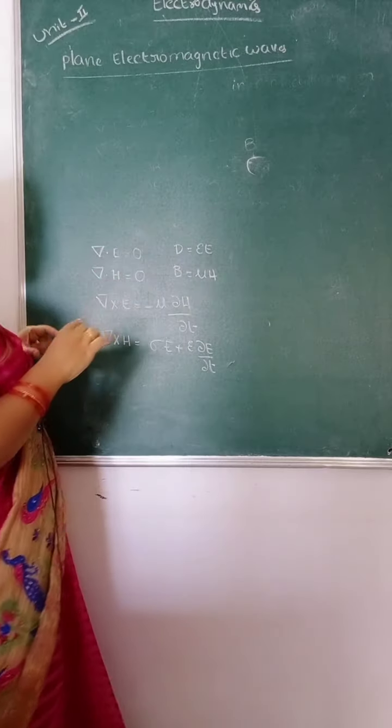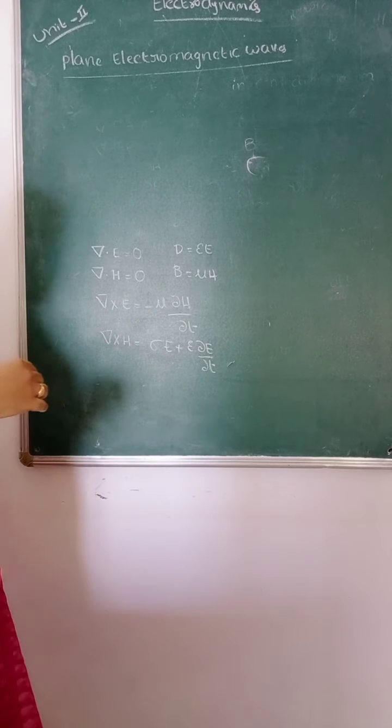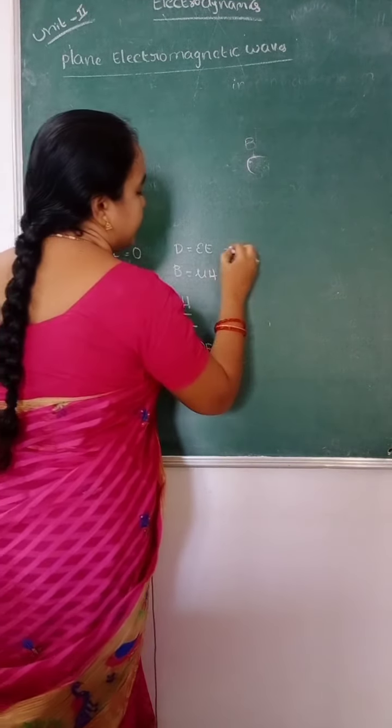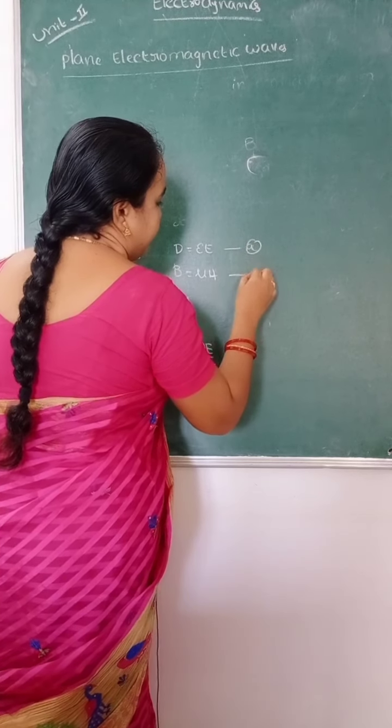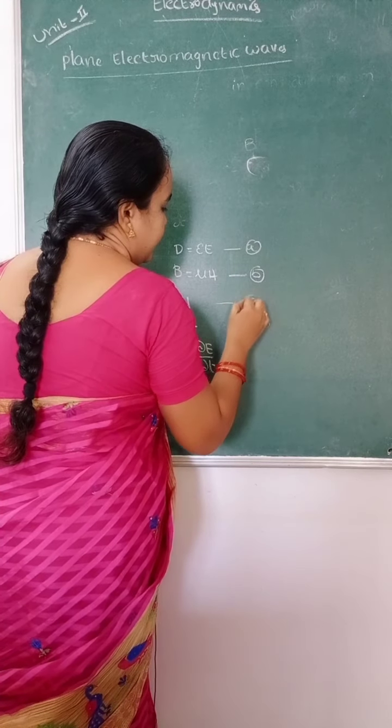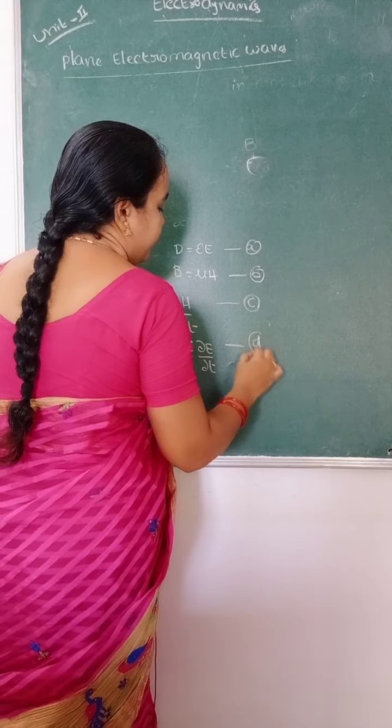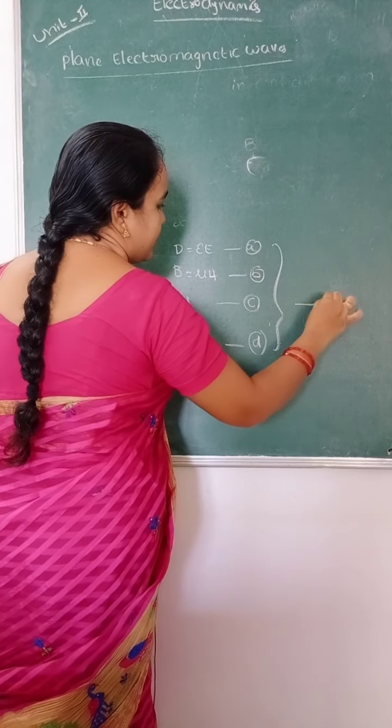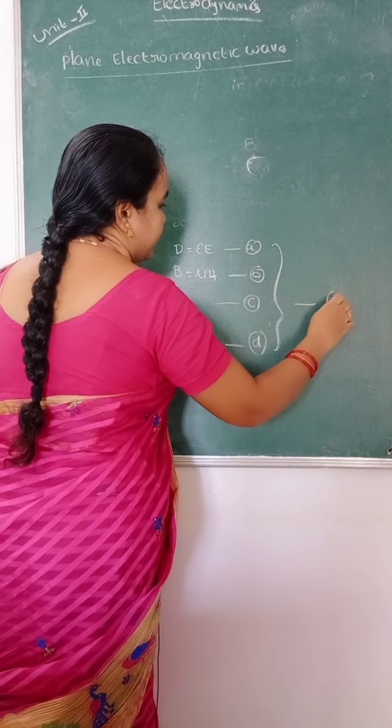The same procedure. Let us assume that these are equations A, B, C, D. The total equation is 1.